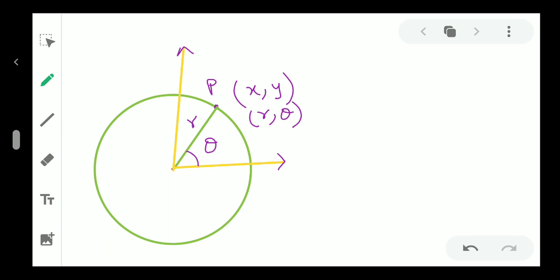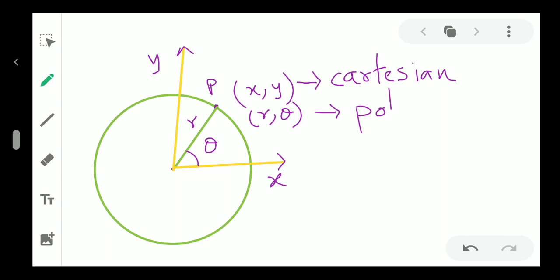So either you can do it by using x and y, or by using r and theta coordinates. This is called the Cartesian coordinate, and this is called the polar coordinate. These two are the coordinate systems, and both of them are used to locate any object in a two-dimensional plane.